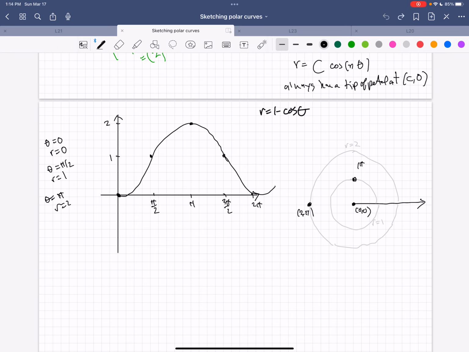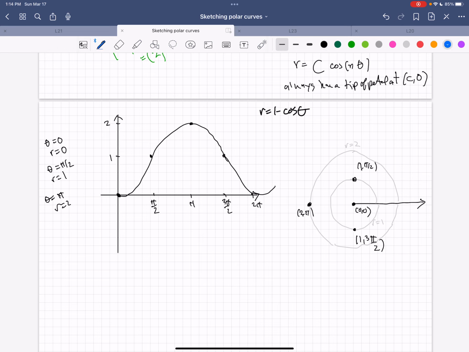And then a radius of 1 again at 3 pi over 2. Okay. And then now again, we're going to want to choose some in-between angles.